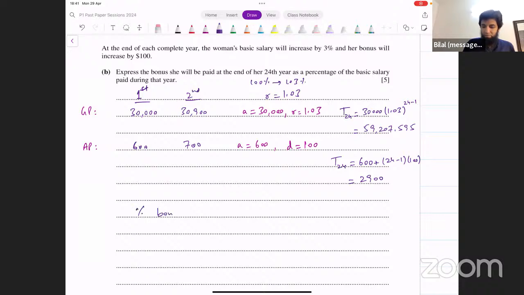What's the percentage now? Percentage of bonus as compared to the basic salary. That's going to be 2900 divided by 59,207.595 multiplied by 100%. See what that gives you.